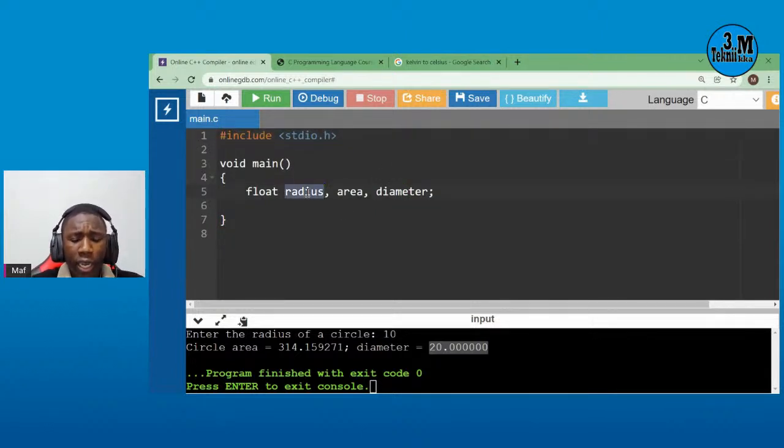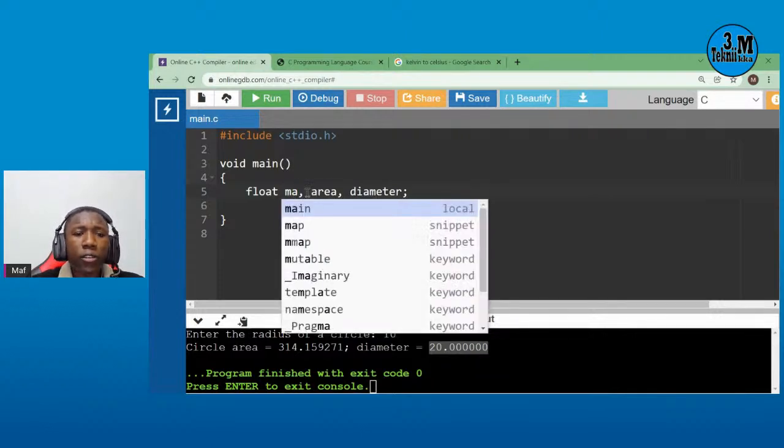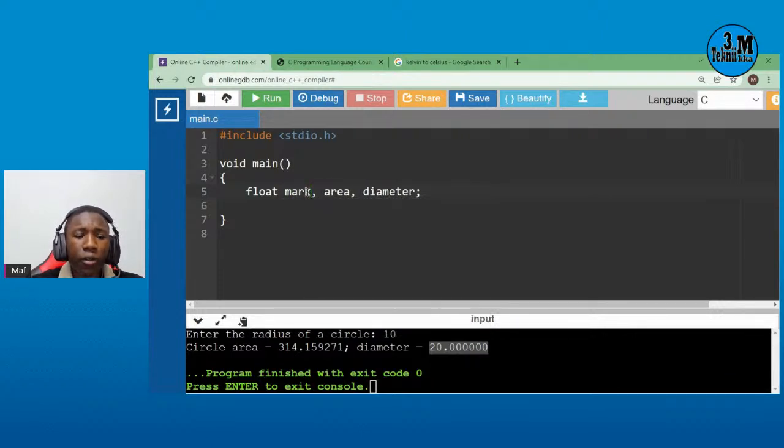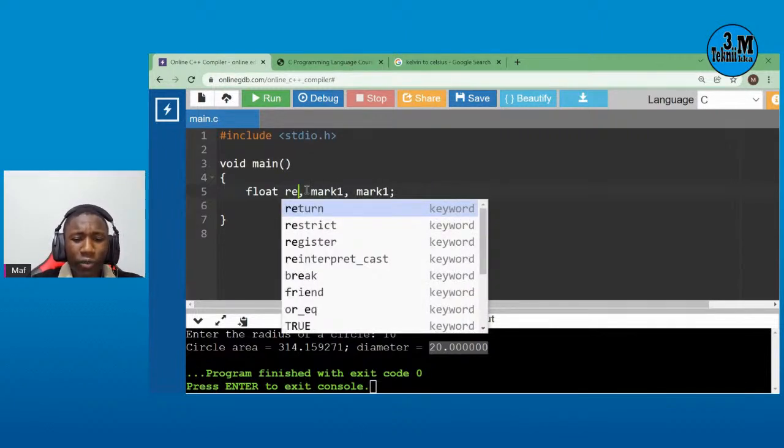We have something like this: this is the mark 1, and this is the second. I'm going to call this result.